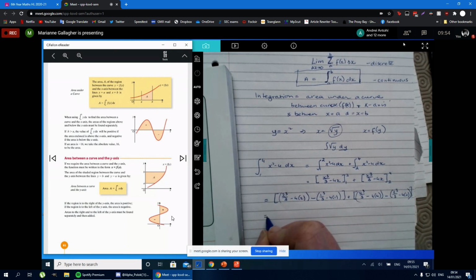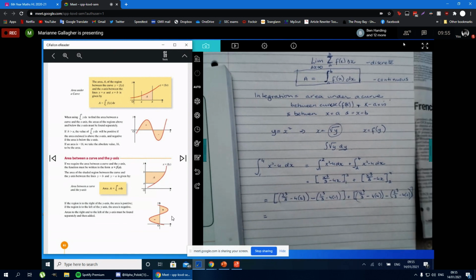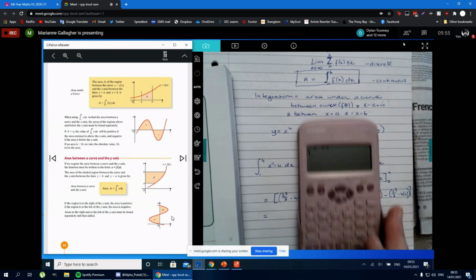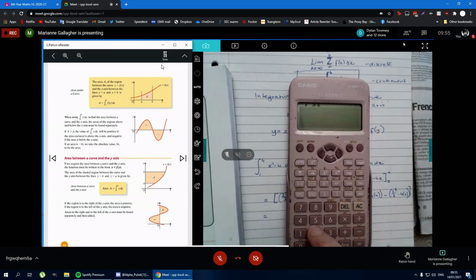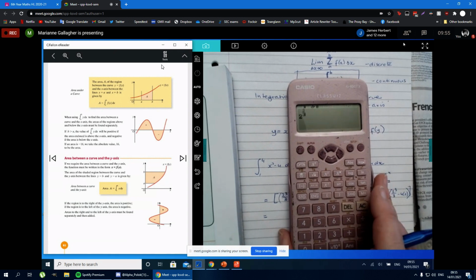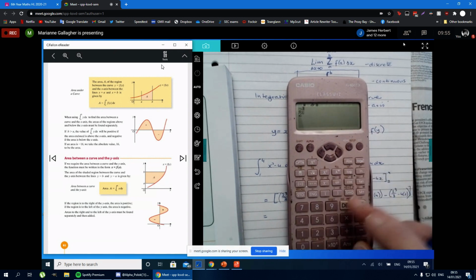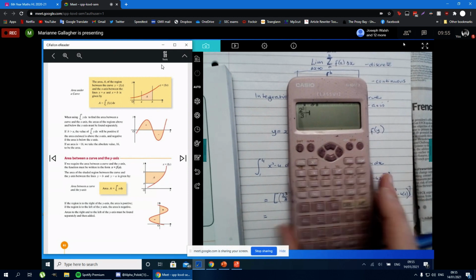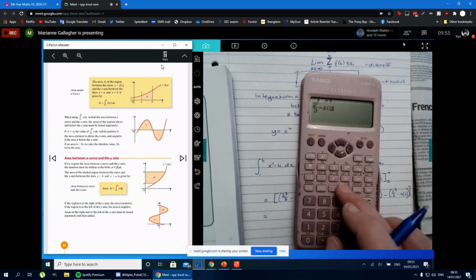So we have 2 cubed over 3 is, so just grab the calculator. I know it's done in the book, but just to show how it works. So you've got 2 cubed over 3 minus 4 times 2.